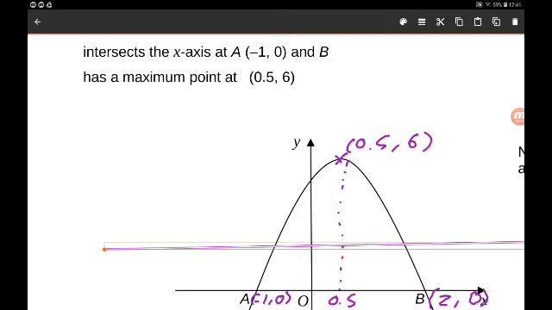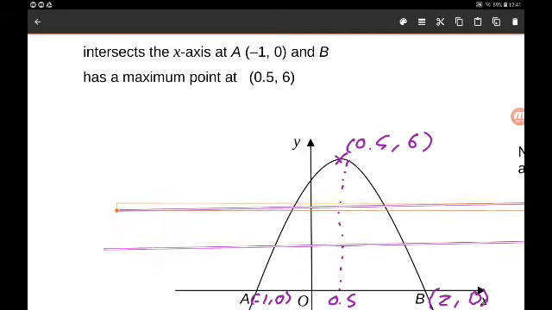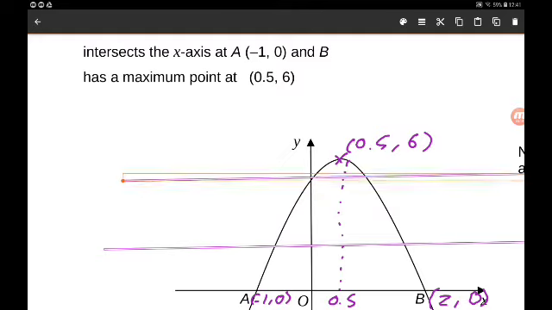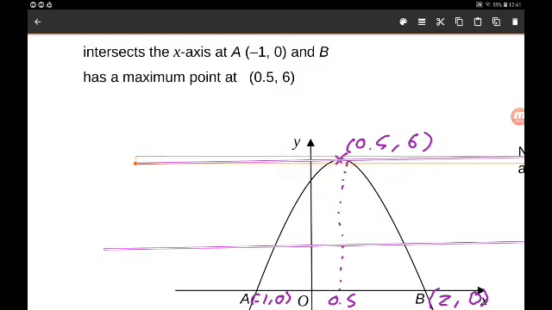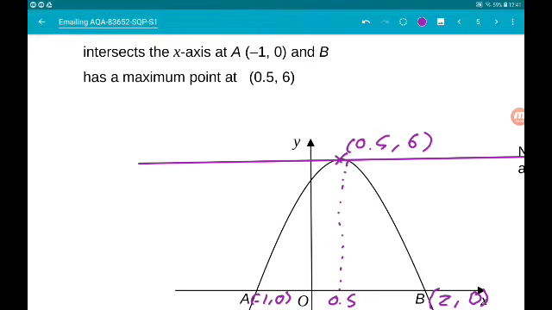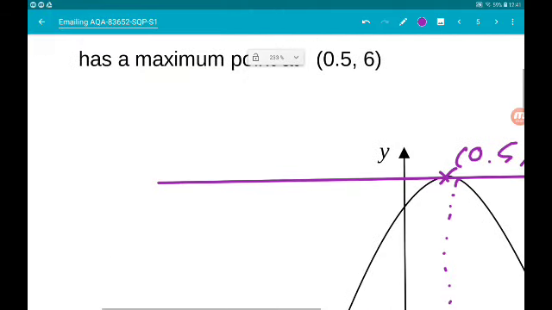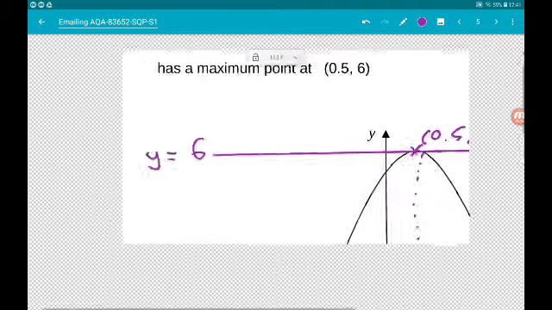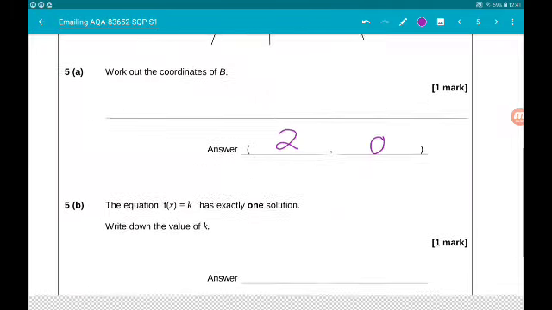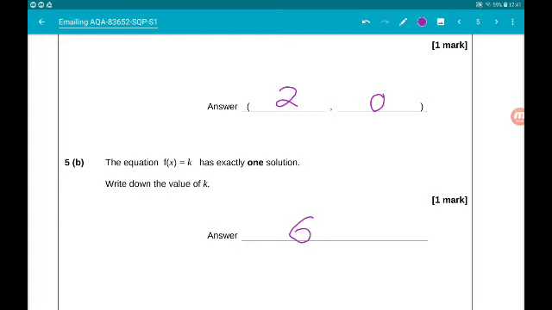We only want it to hit the quadratic at 1 point. Now it's going to do that at the maximum. So that line is y equals 6. So the value of k is 6.